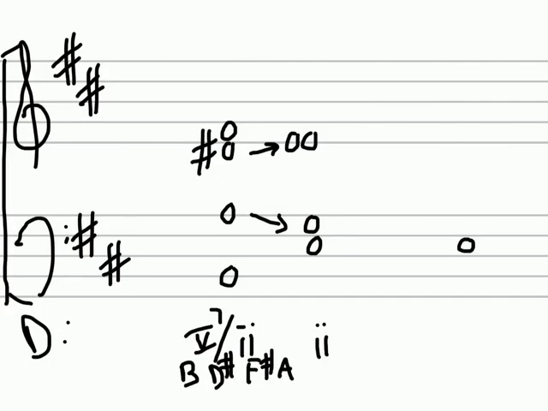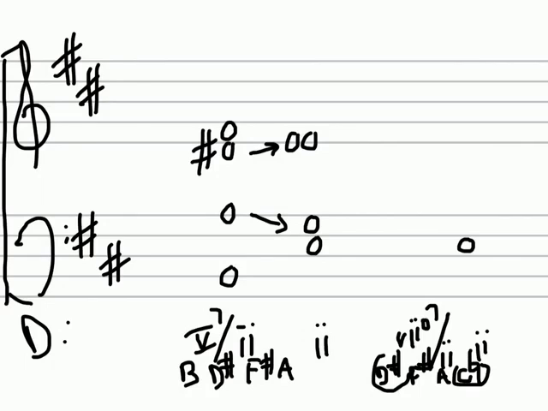Let me construct a 7/7 of 2 going to 2. Diminished chord, C sharp, E, G, B flat. Both that one and that one are alterations from a D major key.